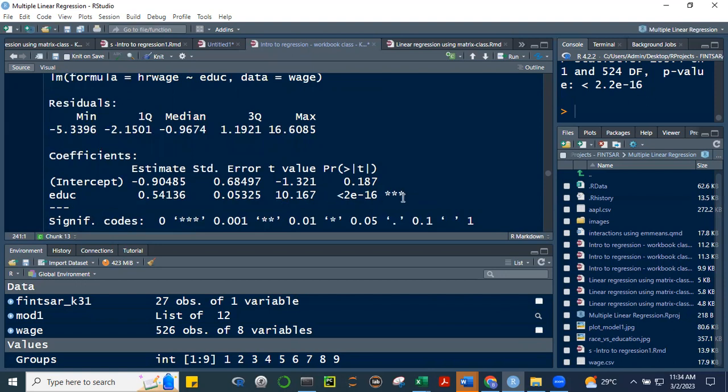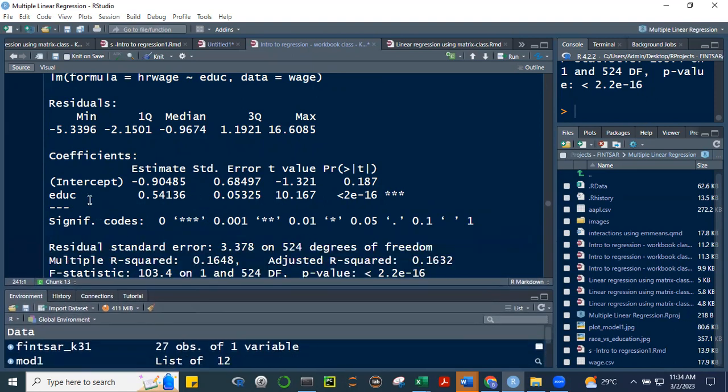Education is significant at 0.001, okay? At 0.001 level of significance. And then 0.54 here means that for every 1 year increase in education, there's a corresponding $0.54 increase in hourly wage ceteris paribus.